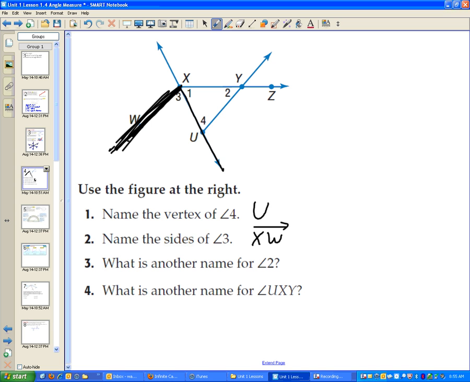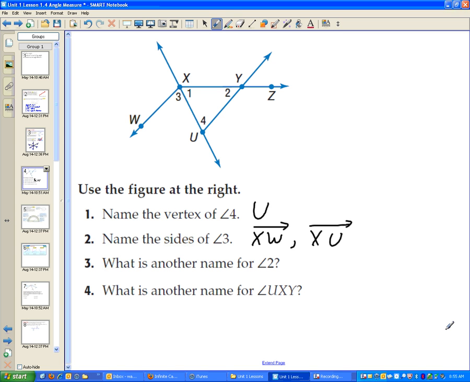We didn't start at U, we started at X. And then the other side of angle 3, what should it be called? Ray XU. And those are the names you have to use. You can't reverse the order of the letters. Now, you could have written ray XU first and ray XW second, but it's got to be those two rays.